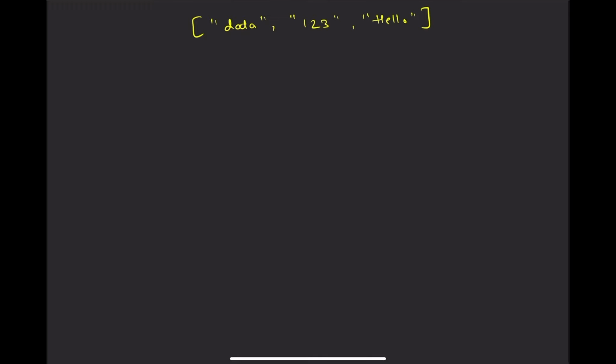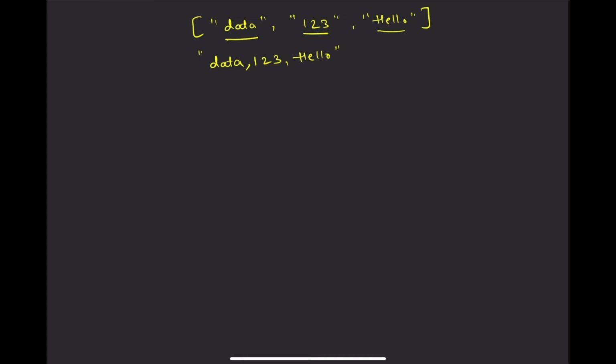We have to take this list of strings and turn it into one string. So take your first string here, data, use a comma as a delimiter, then take your second string, 1, 2, 3, use a comma as delimiter again, and the third string. You can return this single string as your encoded string.